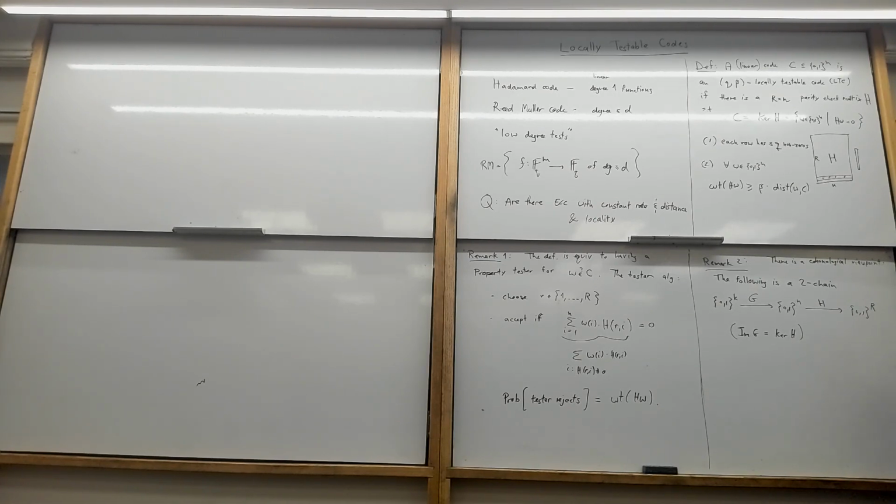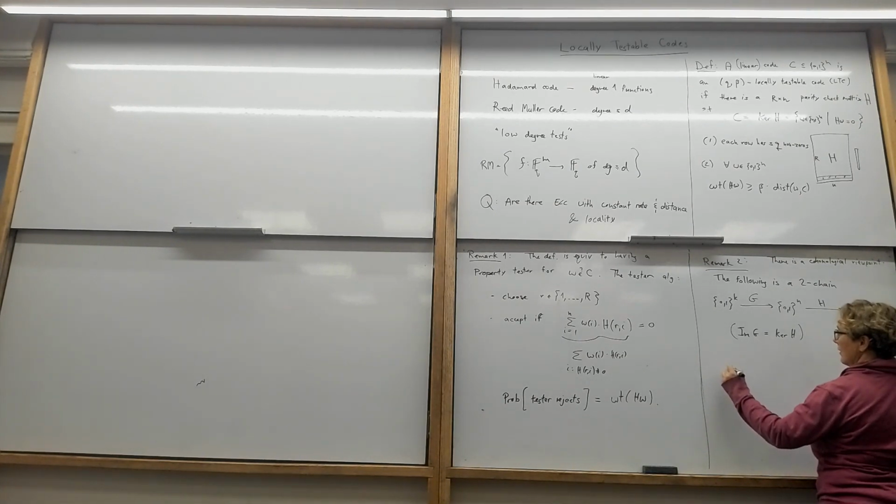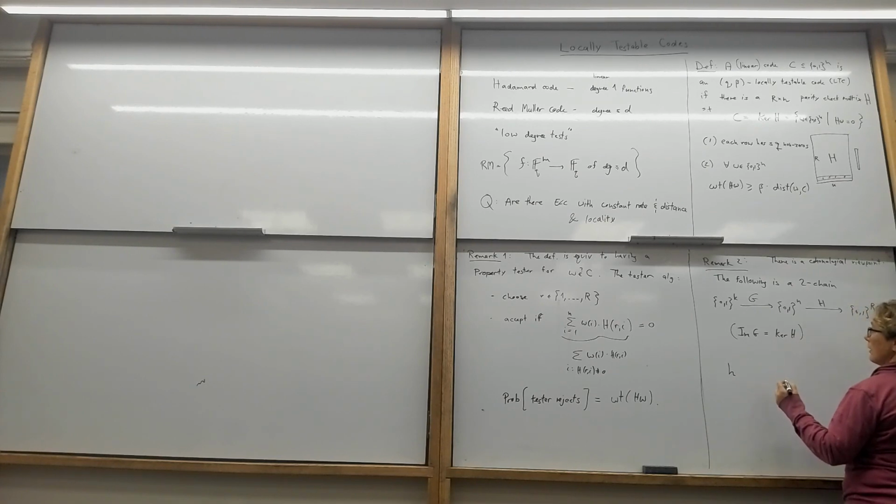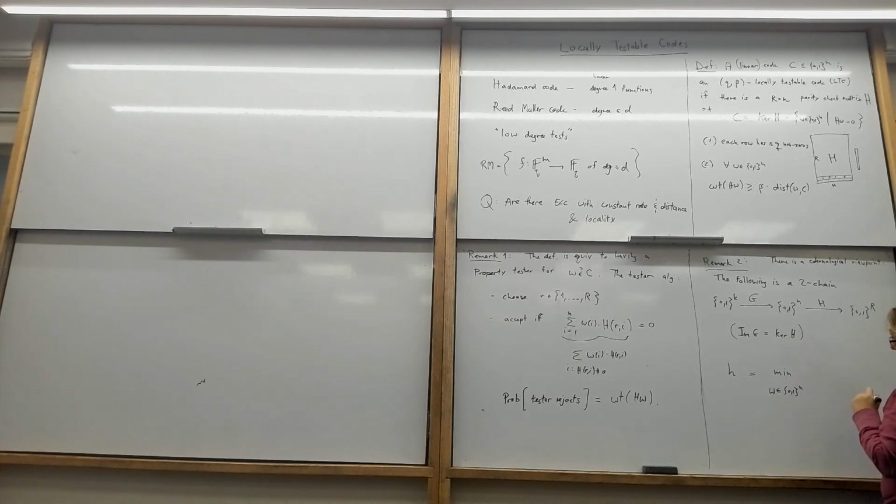Anyway, what does coboundary expansion of a two chain mean? It means that we defined it this way. We said that the expansion of this chain, H, was defined to be the minimum over all W that are in {0,1}^n, the W's live in the middle, {0,1}^n minus the kernel of H, or the image of G. Let me say the image of G. This is just the code, yes?